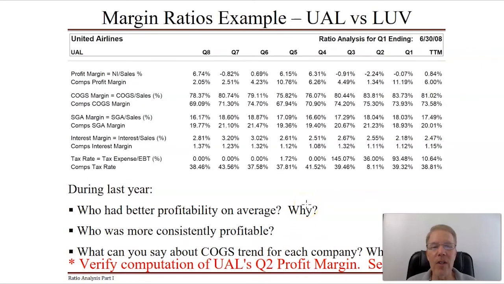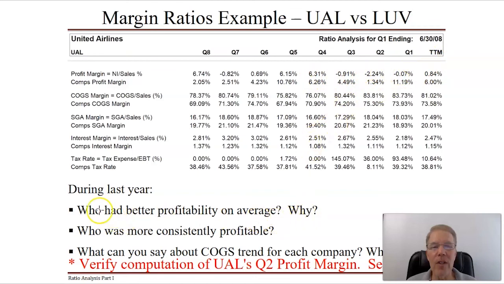So now what I want to do is go back to our analysis of United versus Southwest, UAL versus LUV, and I've got some of our margin ratios for them, and I want us to be able to look at them and answer some compelling questions about them. Remember the way it works: Q1 is the most recent quarter, and TTM is the trailing 12 months, which is the sum of Q4, Q3, Q2, Q1.